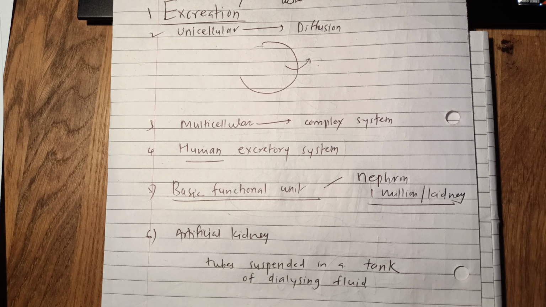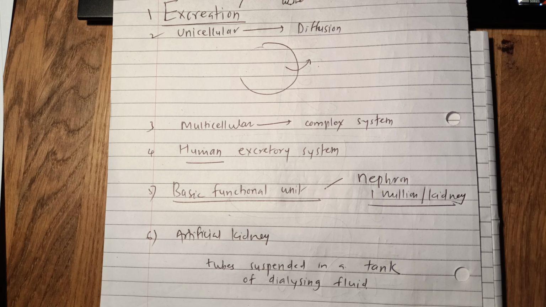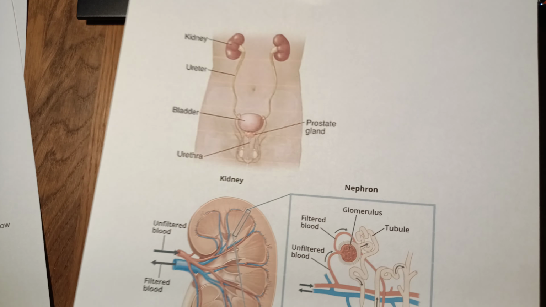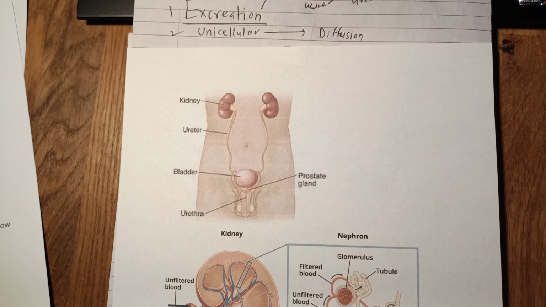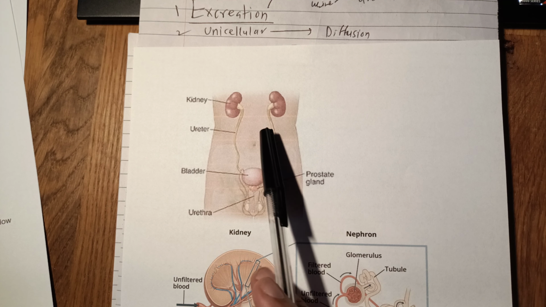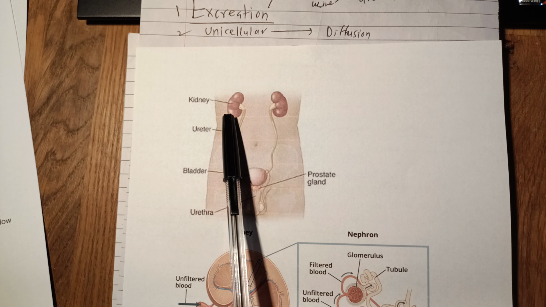The excretory system of human beings consists of two kidneys and the system to transport the urine from the kidneys to the outside of the body. So that involves, as you can see here, two kidneys.